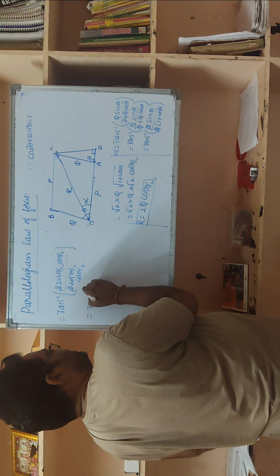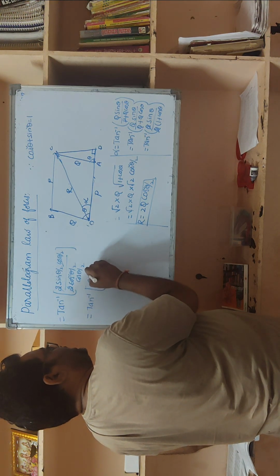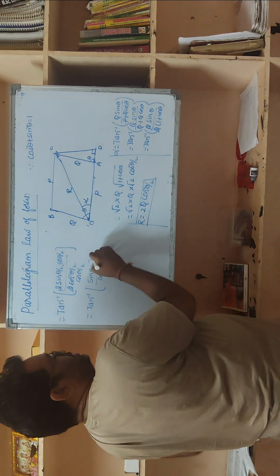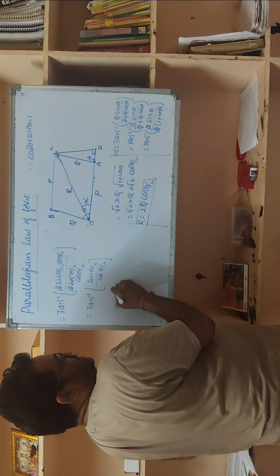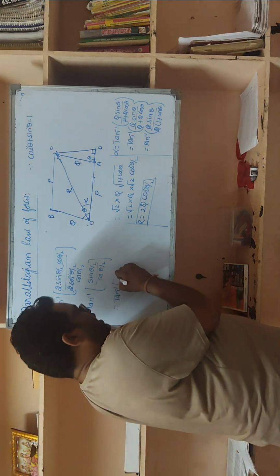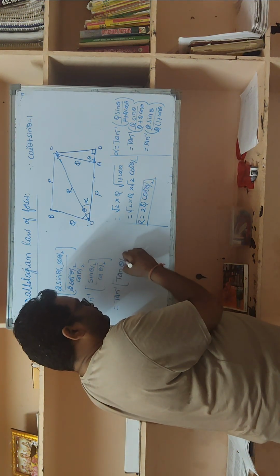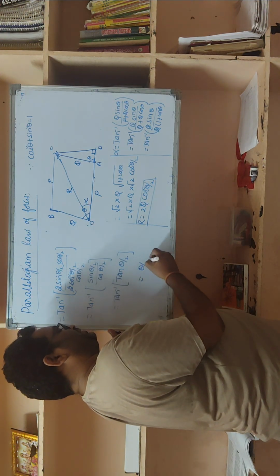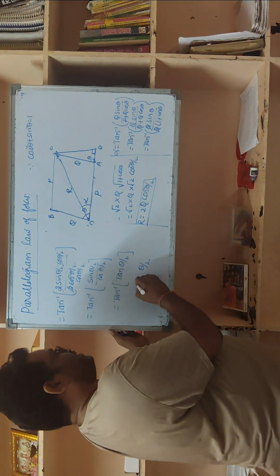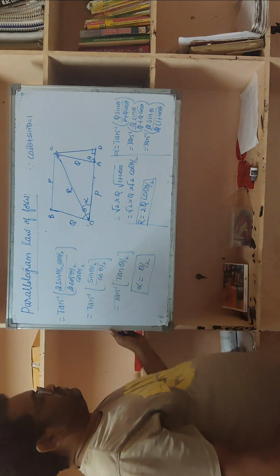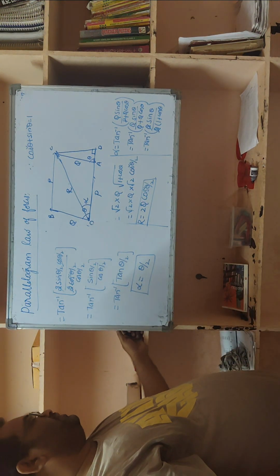So tan inverse of sin theta by 2 by cos theta by 2, which is tan theta by 2. Tan inverse tan, if we remove, we get theta by 2. So alpha is half of the angle between the forces.